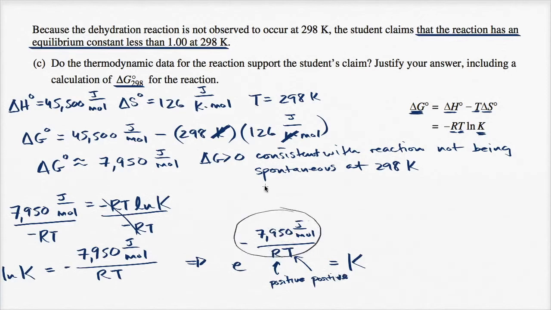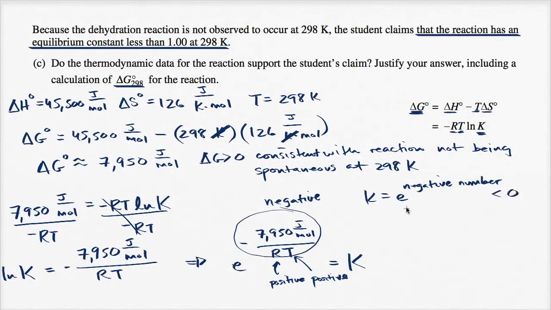So you could say that K equals e to a negative number, which must be less than 1.